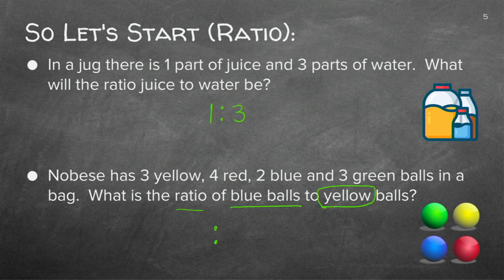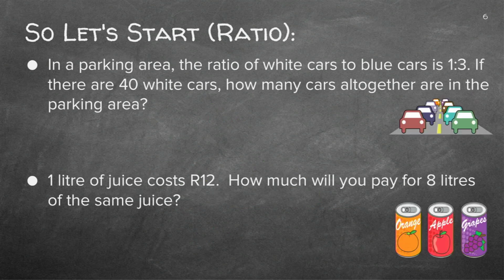They are asking the ratio of what? They're asking the blue balls. So now I have to go look, there's blue. So it will be 2. Where's my yellow balls? There's the yellow balls. So the ratio of blue balls to yellow balls will be 2 to 3. Okay. Now, let's try some more.